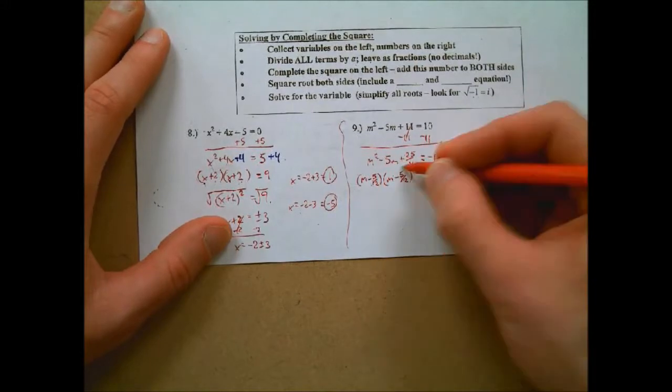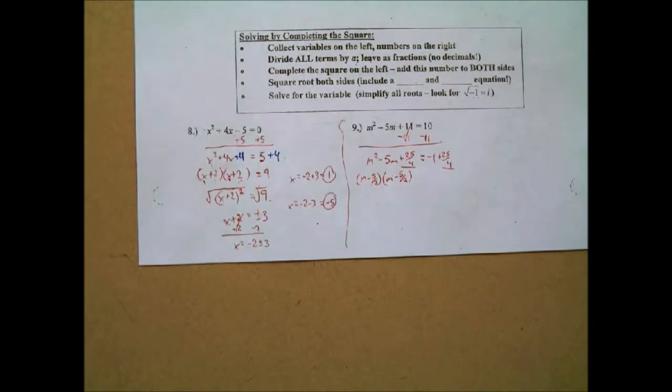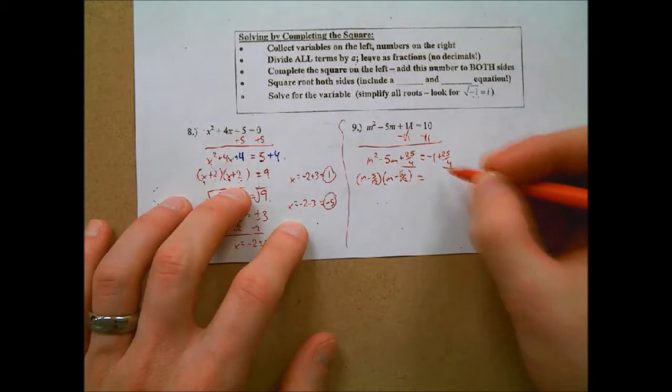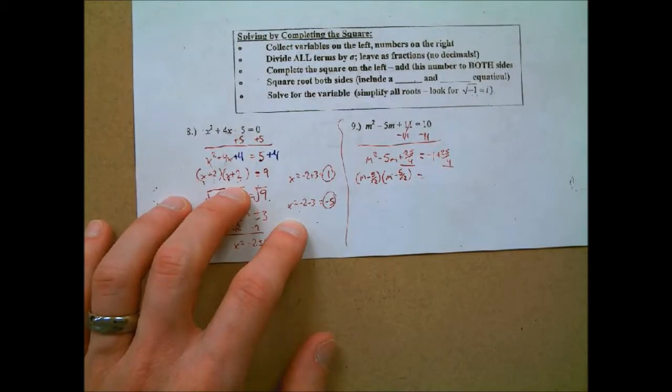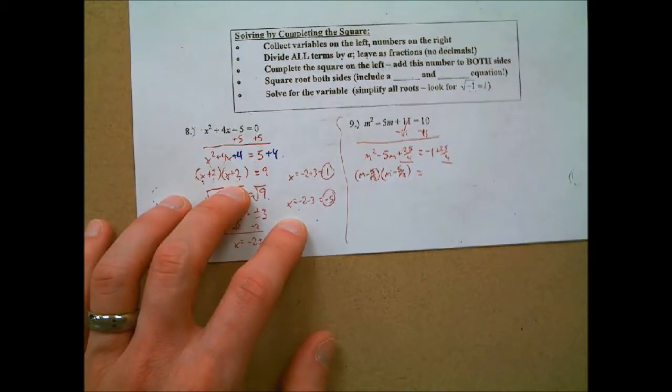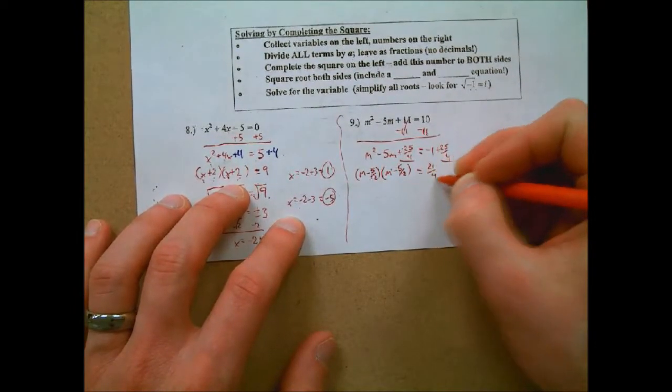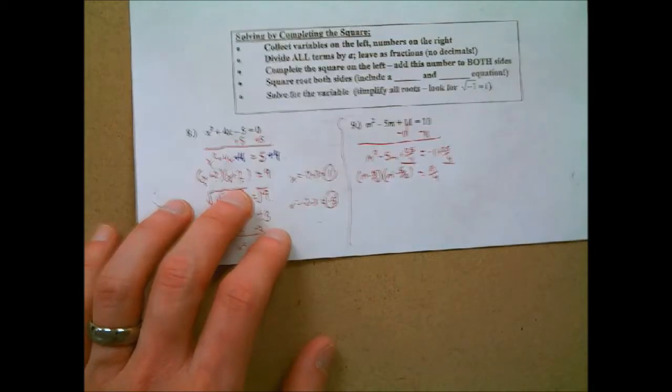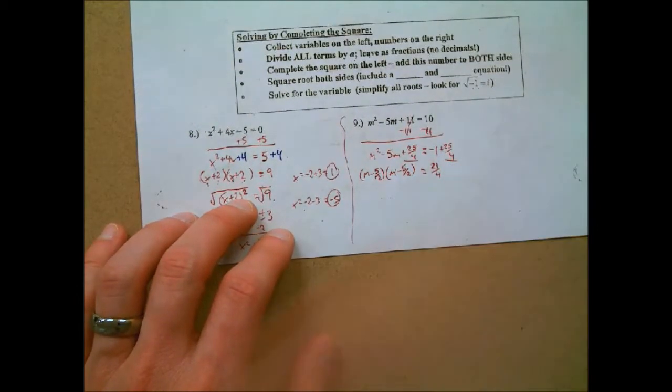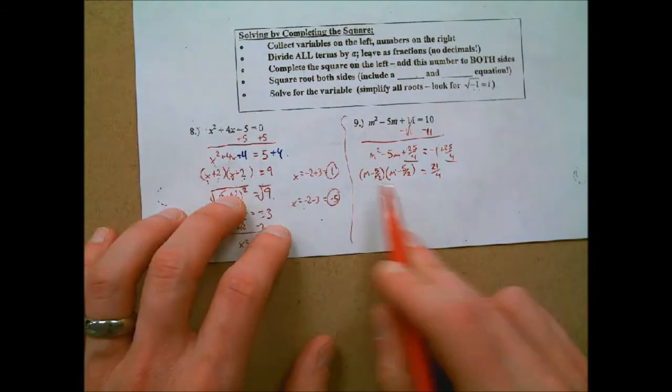That's additional. So I'm going to put these together: -1 plus 25 fourths is going to be 21 fourths. All right, we got our perfect square there.